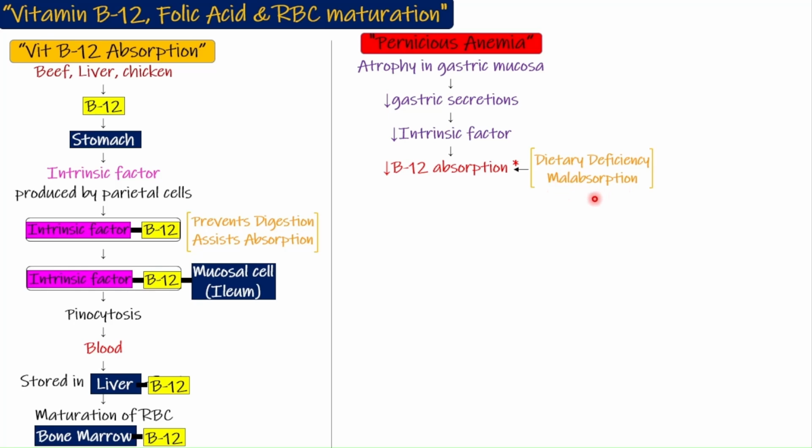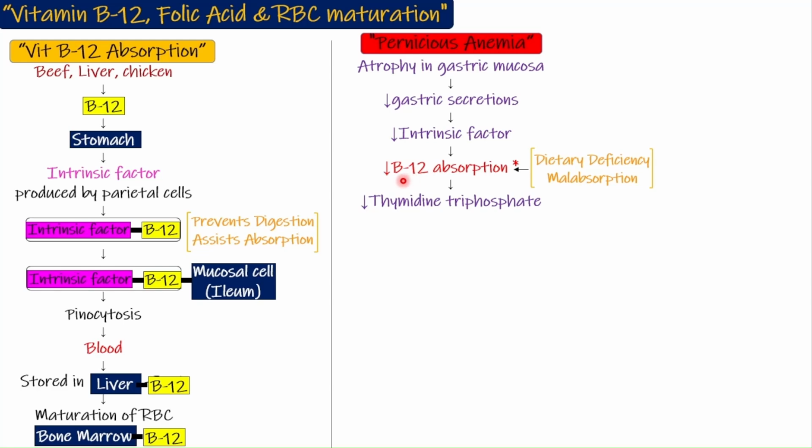If there is some malabsorptive defect, then vitamin B12 will be deficient in the body. So vitamin B12 can be deficient because of dietary deficiency, malabsorption, or intrinsic factor deficiency. Now, what will happen to the maturation of RBCs, and how exactly is deficiency of vitamin B12 going to affect maturation of RBCs?